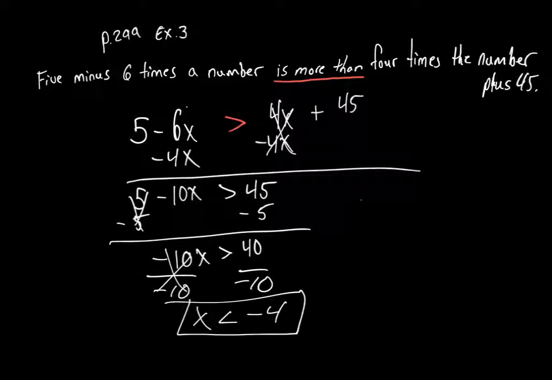Okay, let's do one for you. You could try the guided practice number 3 on page 299. It says that 2 more than half a number is greater than 27.